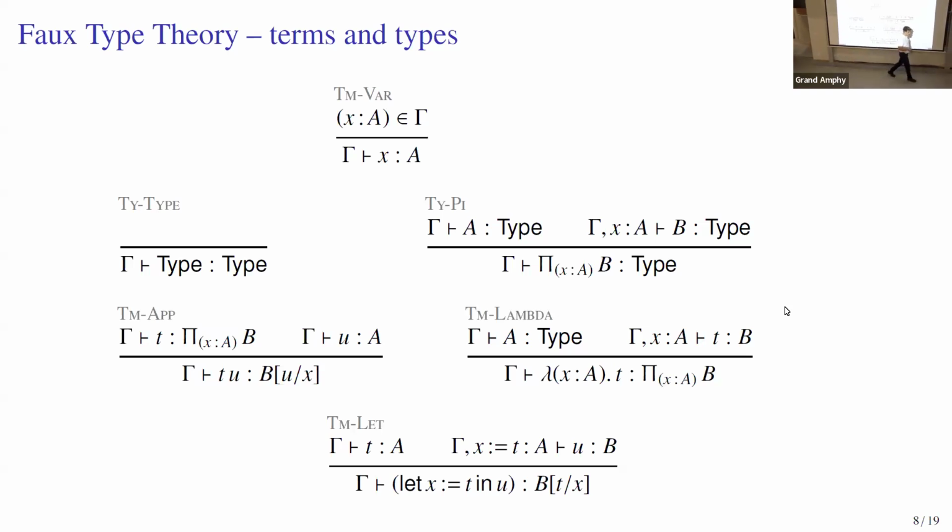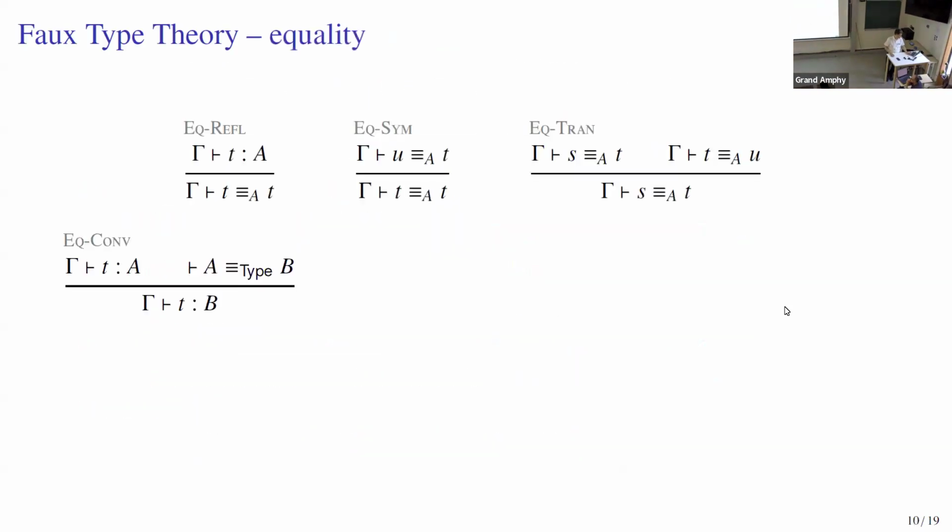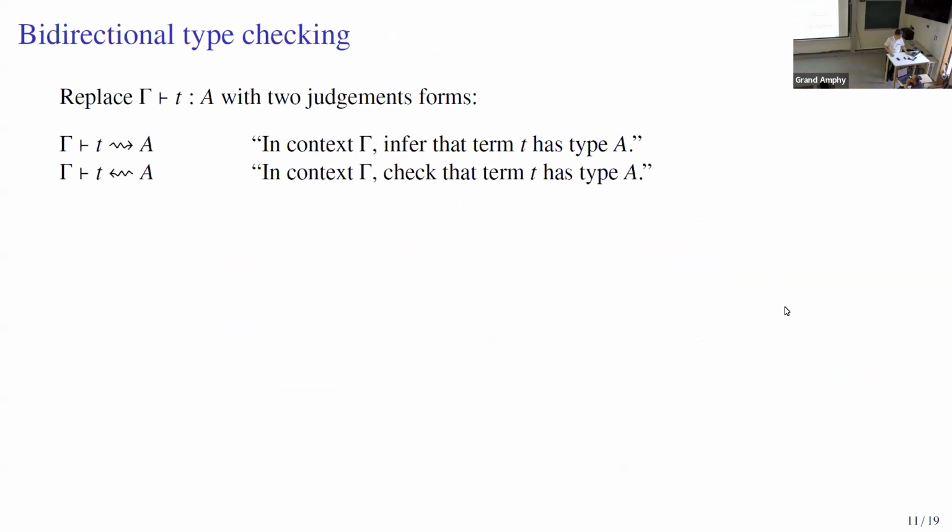And so the idea is that we're going to use this fact and rephrase our type theory in something called bidirectional type checking, where we replace the typing judgment with two different typing judgments. One of them is inferring: in context gamma, we can infer that T has type A. Think of T as input and A as output. You give T to your algorithm and you get A out.